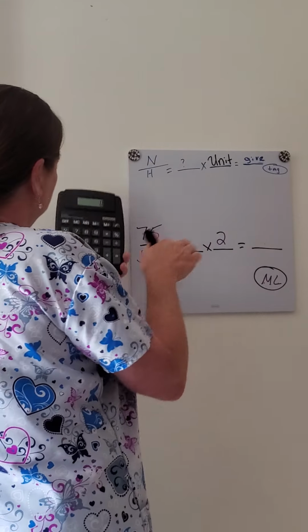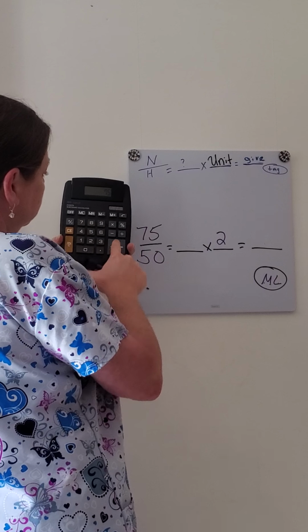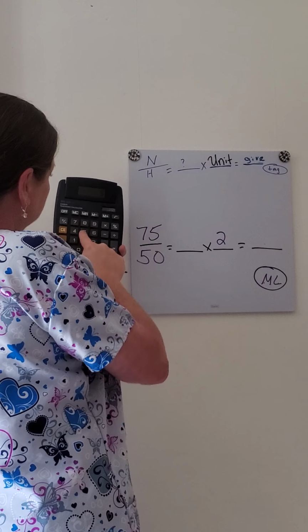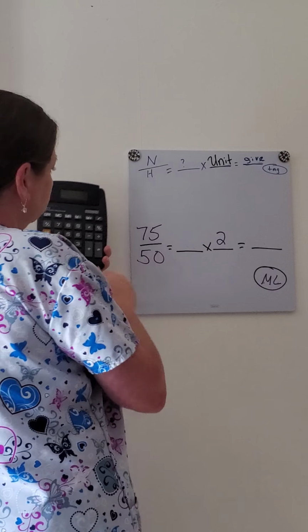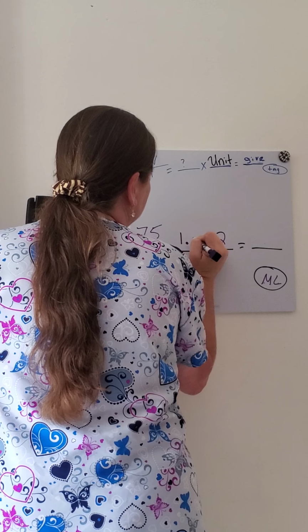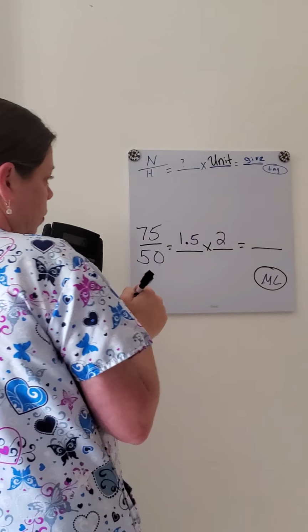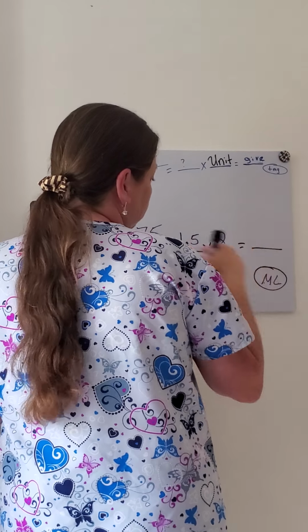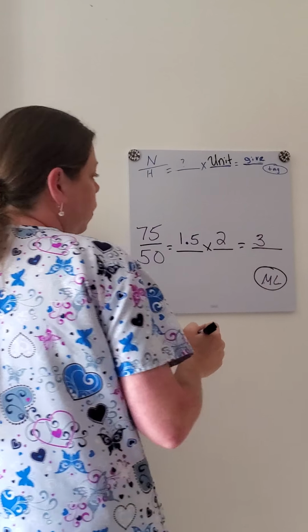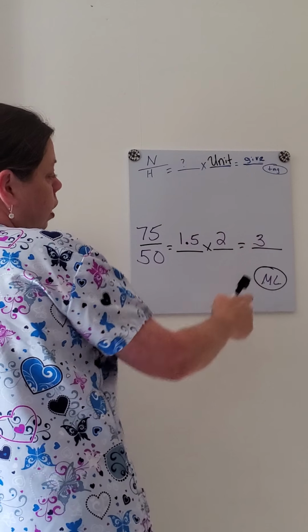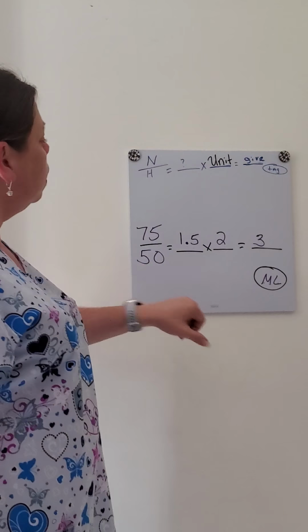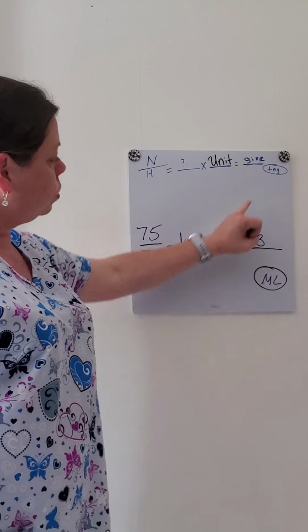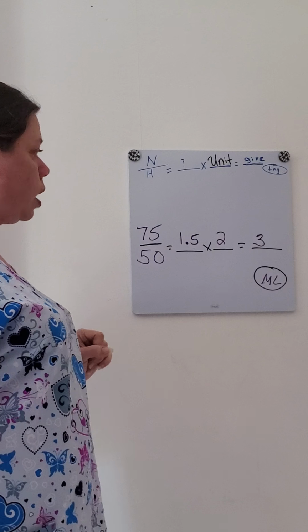Do the math. 75 divided by 50 equals 1.5. Do the math. 1.5 times 2. Again, if you need to do that in the calculator, that's fine. The answer is 3 ml. So we would give the patient 3 mLs of this medication.